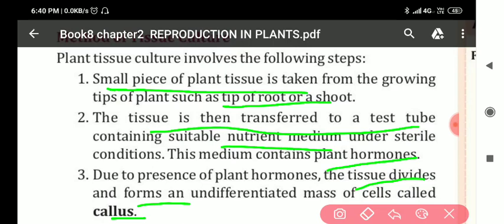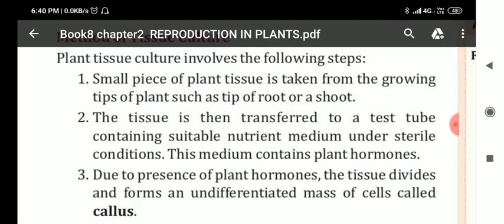Same thing is explained here as I explained from the diagram. First, we have to select a plant tissue part which is known as explant, then it is transferred to the nutrient medium, cell division will occur and it forms the callus.